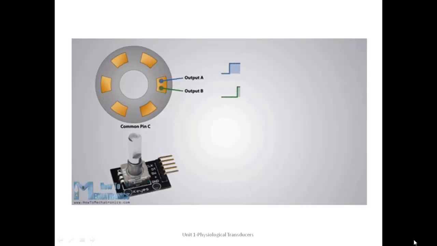Okay, so the three types of encoders: one is the optical encoder, which we have seen. It's a disk with certain slots cut out. We have an LED, and we have a photo receiving device on the other side, which converts the rotating movement into certain pulses. Then we had the absolute optical encoder, which was giving me the rotation values in terms of certain angular values, denoted in binary numbers.